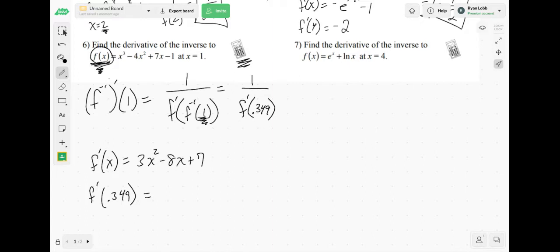Let's call this f of x. And then 0.349. So we evaluate that and we get 4.573403, right? So that's what that would be.